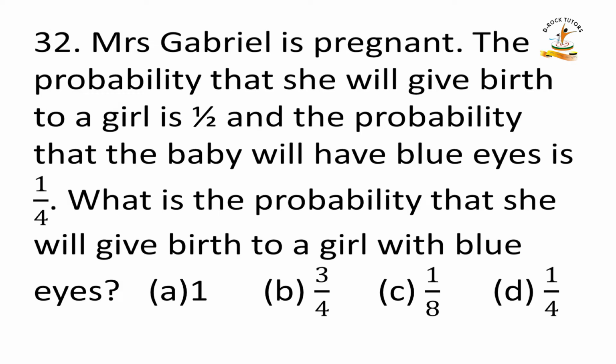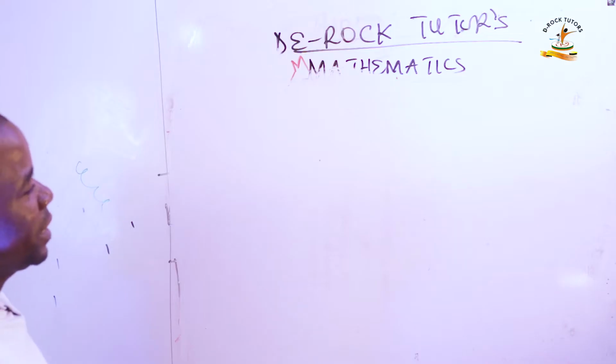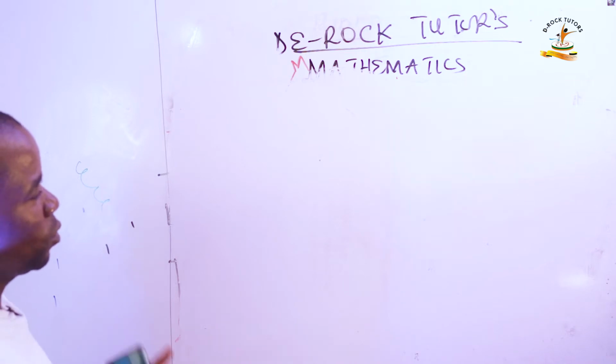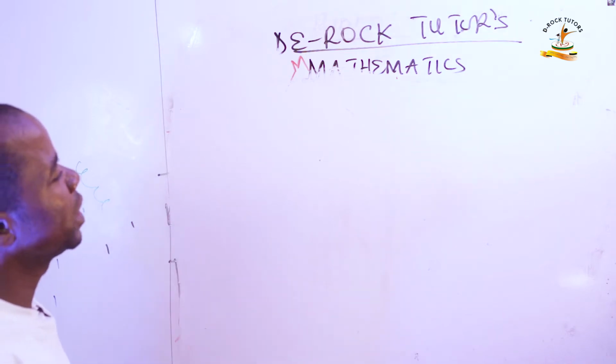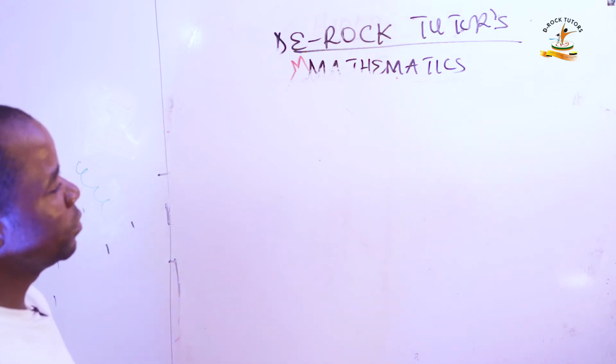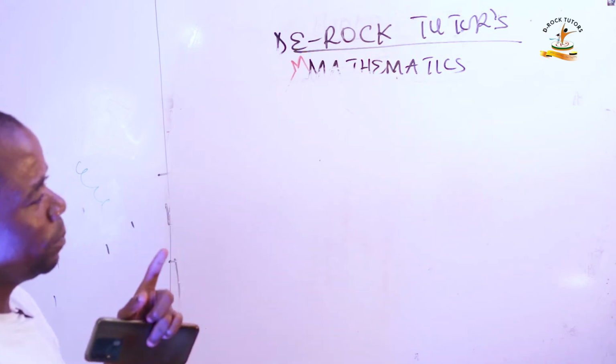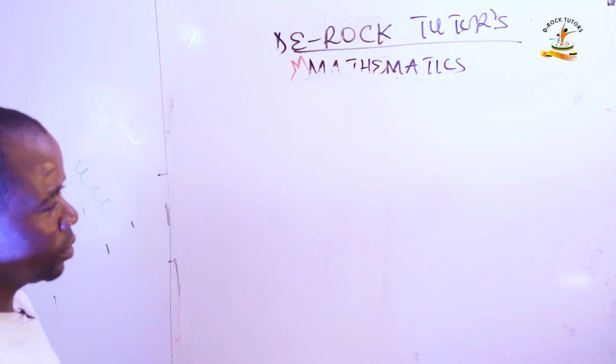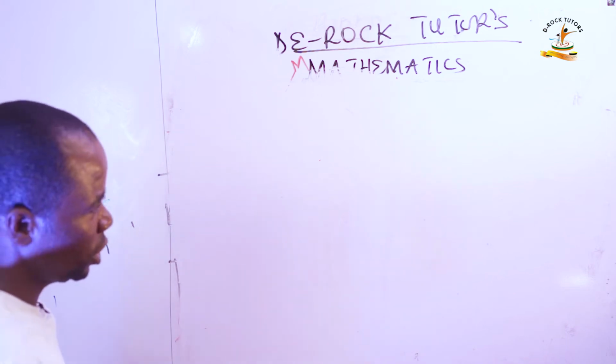Okay, number 32. A trader paid import duty of 38 kobo in the naira on the cost of an engine. We are expected to convert the 38 kobo to naira. If a total of 22,800 naira was paid as import duty, calculate the cost of the engine.